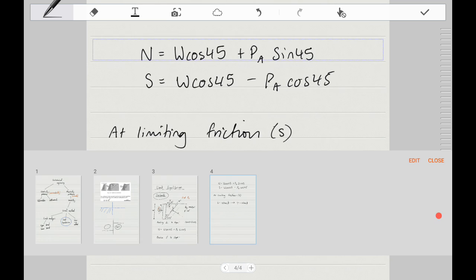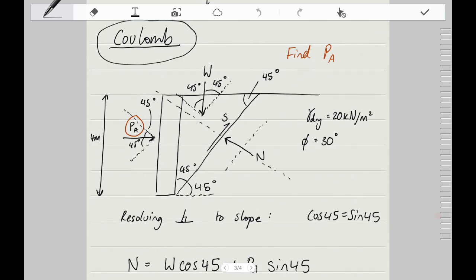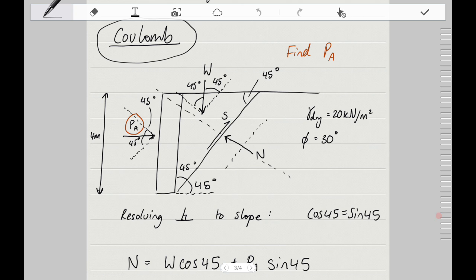And just to remind you, S is that friction force between the soil that's failing and the soil that's at rest. That's also called a slip line, because that's literally where the soil is slipping. The direction of that isn't too important, because your answer will just end up being negative.